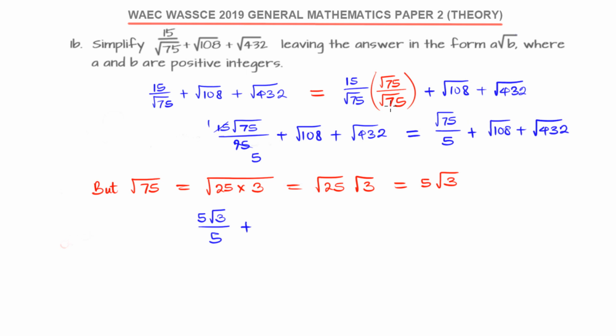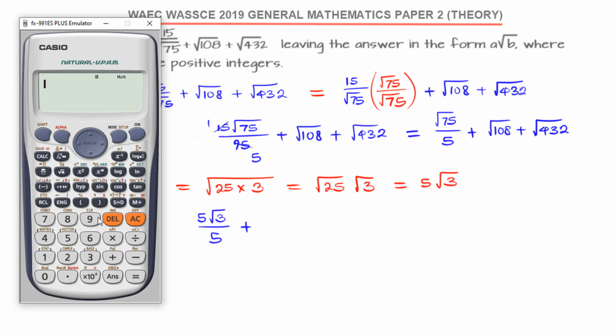now, how do we simplify root 108? For 108, we can get the factors to be 36 times 3, and then for 432, we can get its factors to be, look at this, 144 times 3, okay? So, just like we did for root 75, we can also confirm this with your calculator.